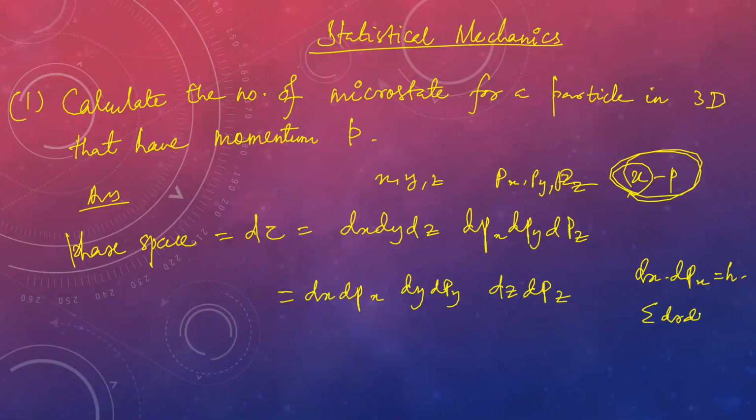Summation dr dpr is equal to h. So this is h into h into h, that is h cubed, for 3D.